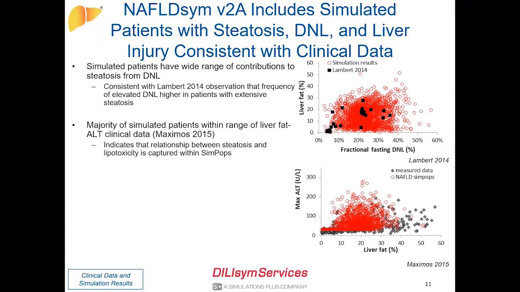If we turn our attention to the graph at the top, the x-axis is fasting de novo lipogenesis, or DNL, and the y-axis is liver fat. This is a study done by an old colleague of mine.